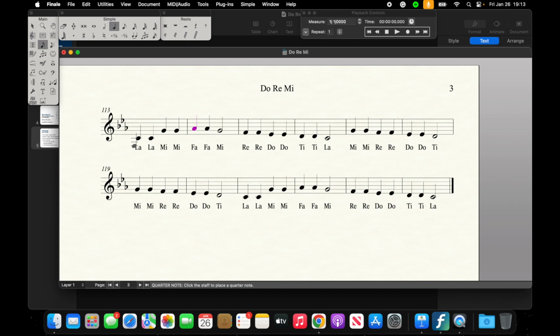Mi, re, do, ti. La, mi, fa, mi. Re, do, ti, la. All right. So in this one, I'm following the function. La is my minor 1.